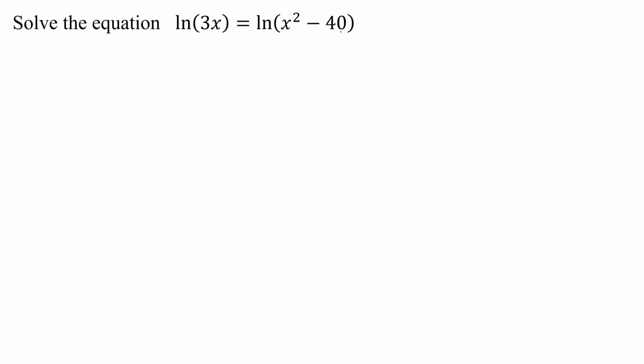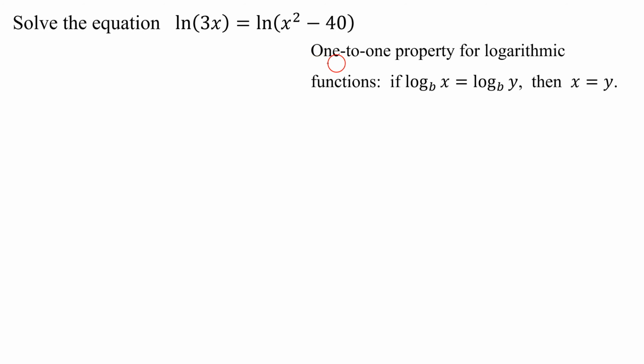So this is the type where every term is a logarithm, and we can solve those using the one-to-one property for logarithmic functions that states, if log to the base b of x equals log to the base b of y, then x has to equal y.